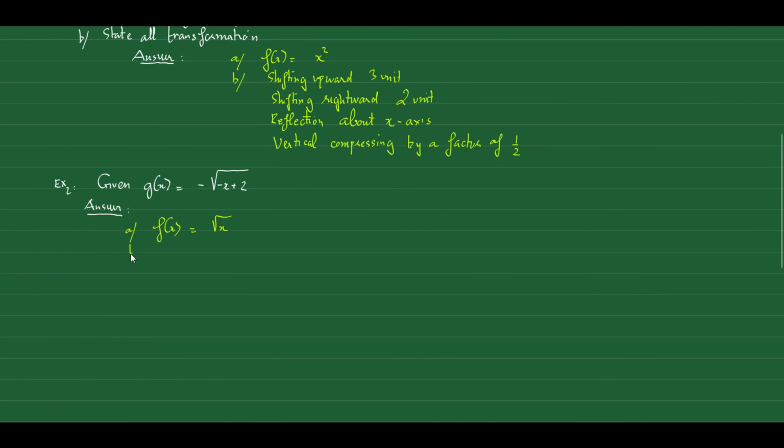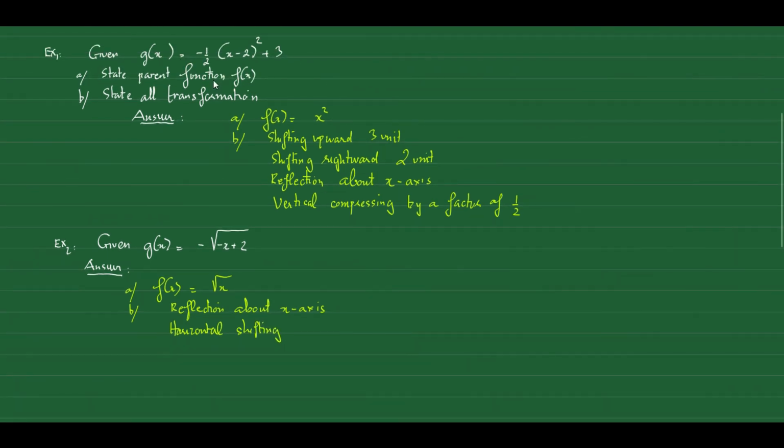I can recognize the reflection about the x-axis, because of the minus. There's no vertical shifting, but we have horizontal shifting. But you have to be careful here, because there's a minus in the front. Last time we didn't have a minus.